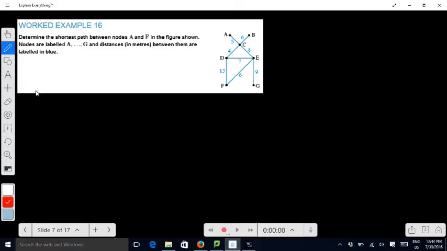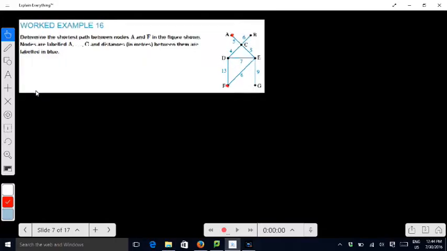So I'm starting at A and I want to get to F, and I want the shortest path. So from A, well, I have to go to C, and that's worth 5. The distance is 5.